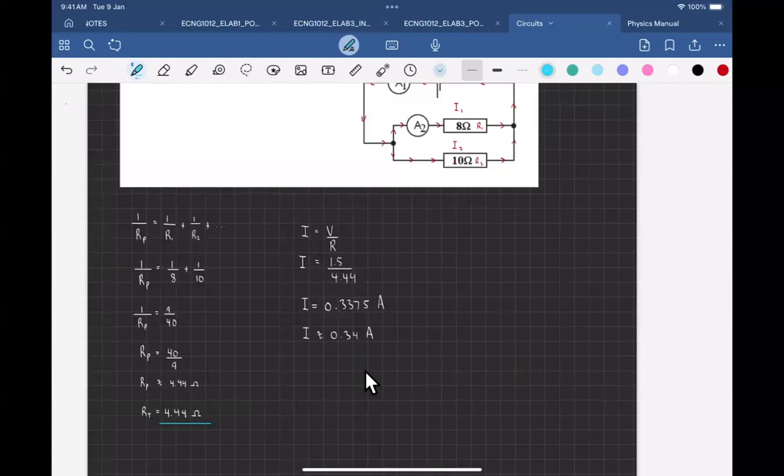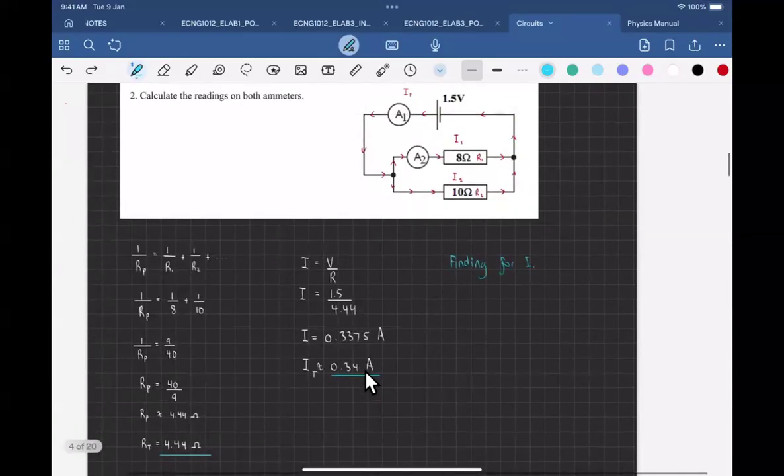So now that I have the total current and total resistance, and I have the voltage, I could find for anything in my circuit. So let me go ahead and find for current, find for I1.